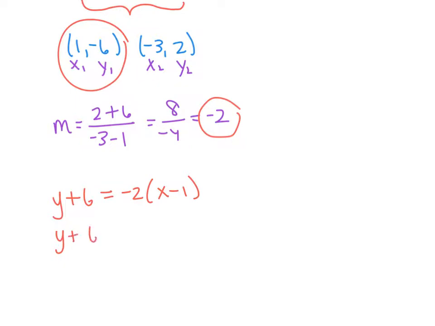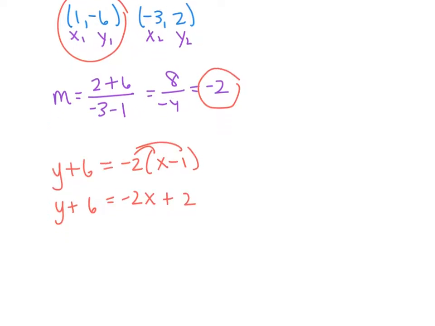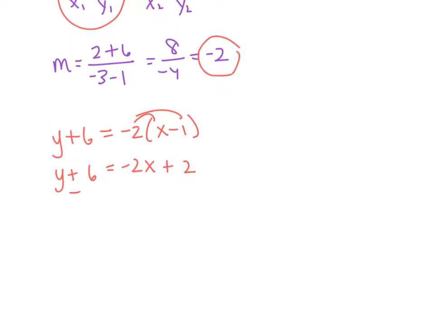So y plus 6 equals, distribute that slope, -2x plus 2, which became plus because of the negative times the negative. And then just keep solving for y, so subtract 6, so we have y equals -2x minus 4.